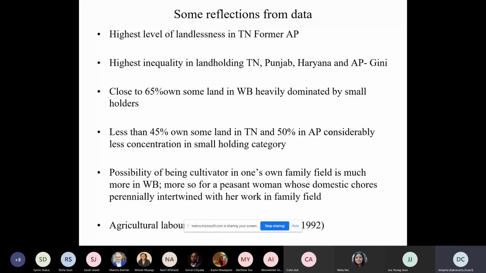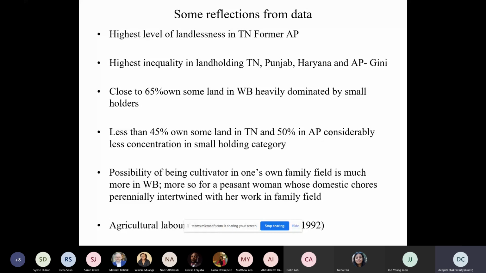That is, in the context of Tamil Nadu or erstwhile Andhra Pradesh or Karnataka, where the landholding pattern is highly unequal, where more than 55% of people are actually landless, the possibility of women's workforce participation as agricultural laborers will be much more prevalent.